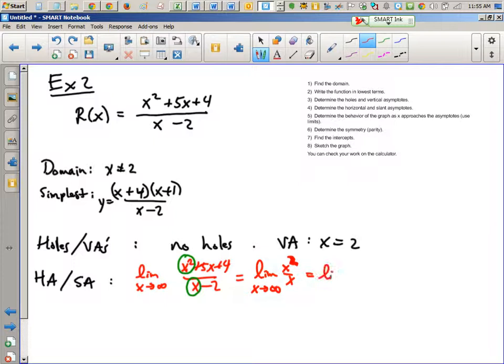In other words, this is very silly, but our expression is x, and we're asking what happens to x when x gets big. It gets big, right?